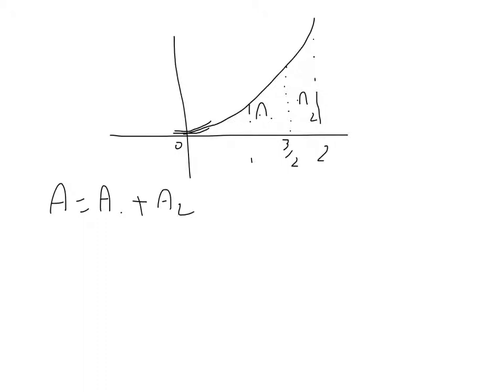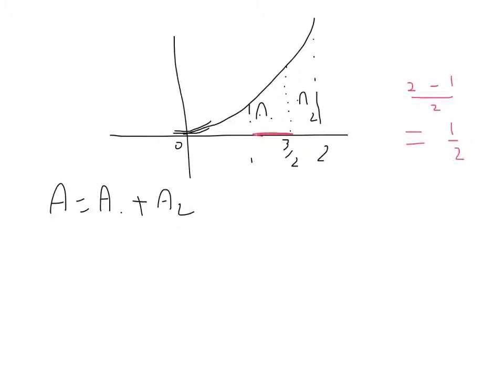Another thing we need to know is the width of each subinterval. If we divide the interval into two parts, the width would be 2 minus 1 over 2, so it's a half. So each width in this case is a half.